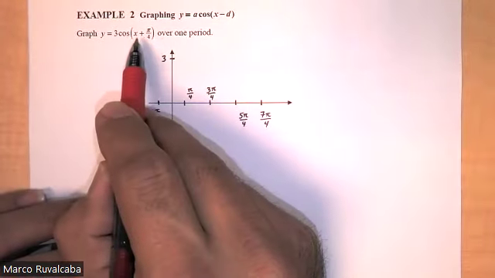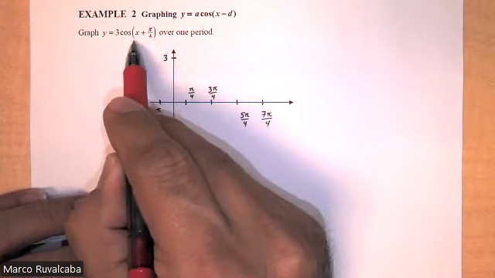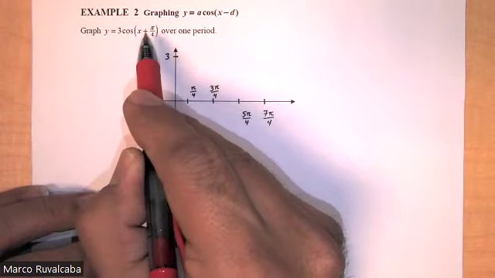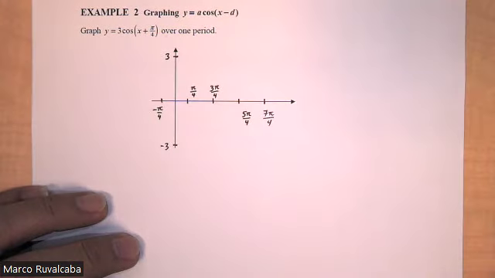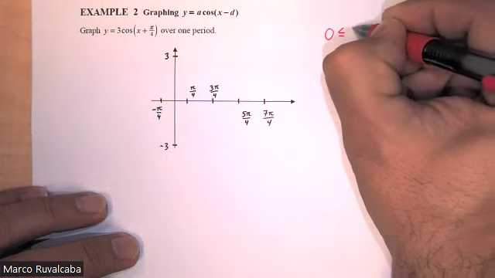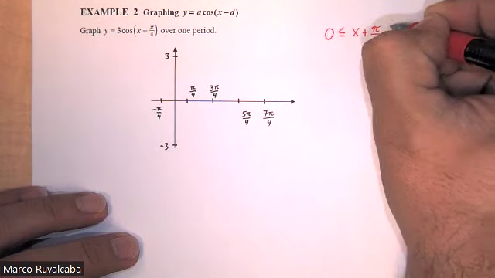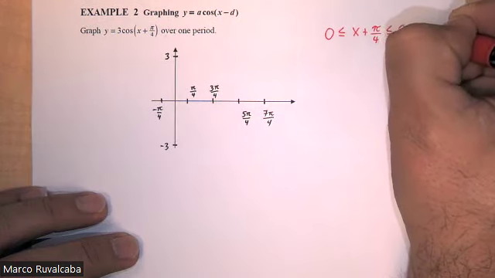We're going to set the inequality of this one, we call this the argument of the function. So that's the argument, x plus pi fourths. And we're going to set that between 0 and 2 pi, because that's what a typical sine or cosine's period is, 2 pi.